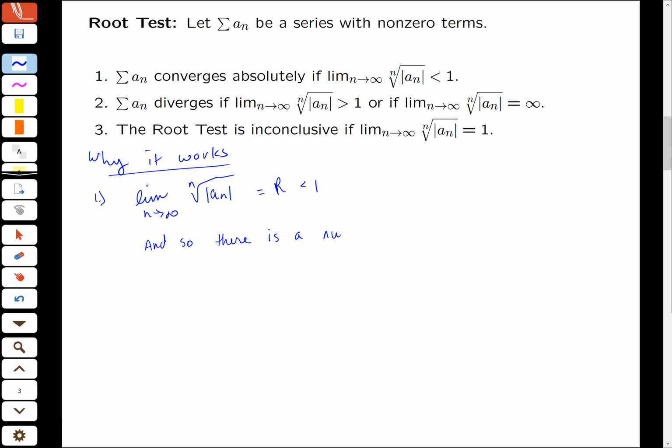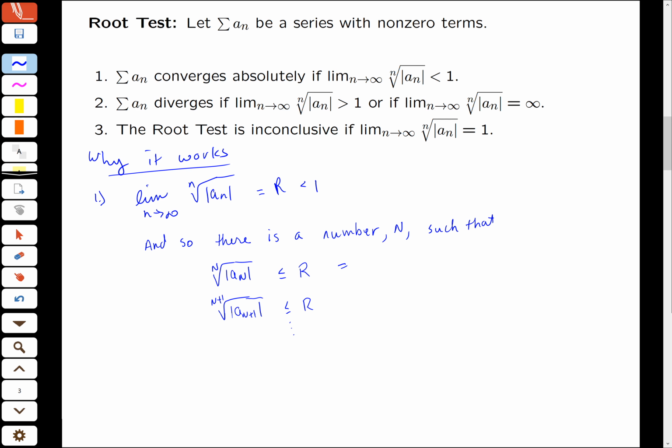There has to be some number, I'll call it capital N, such that the nth root of |a_n| is less than or equal to r. The (n+1)th root of |a_{n+1}| is less than or equal to r, and so on and so forth for all time.